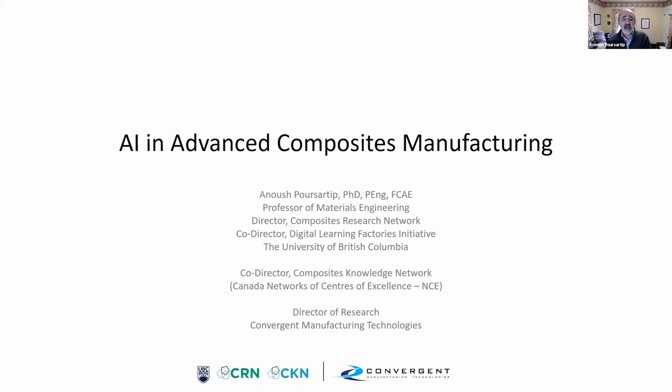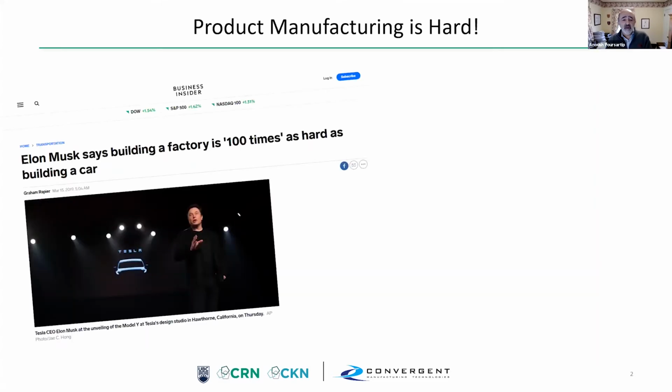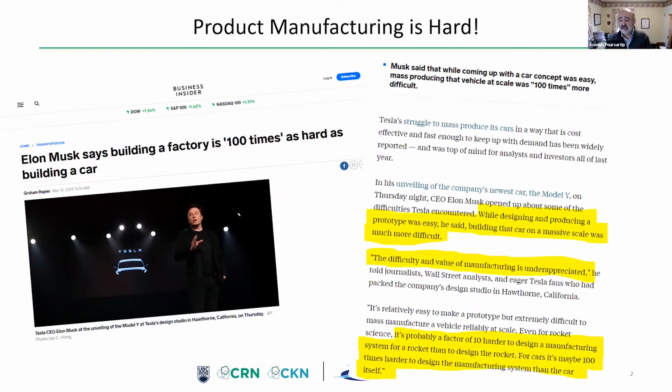Manufacturing is difficult, and the best person to say this to us is none other than Elon Musk, who, as we all know, has created a revolution in electric cars, but in doing so discovered that manufacturing is really quite difficult. And he's come out and openly said that the difficulty of manufacturing is underappreciated.